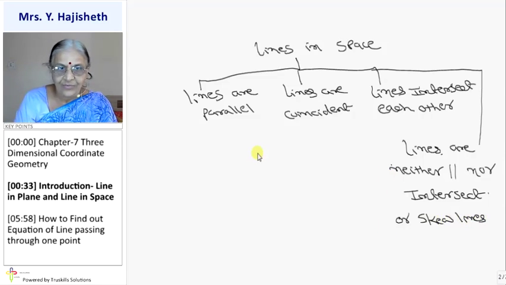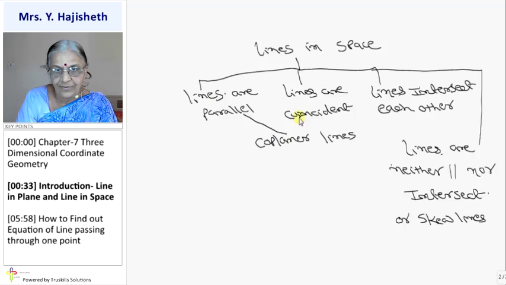And lines which are either parallel or intersect, these three cases, are called coplanar lines.